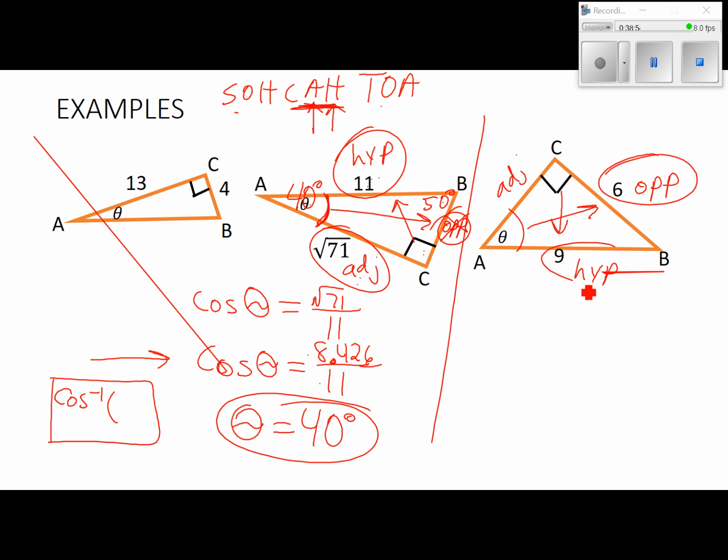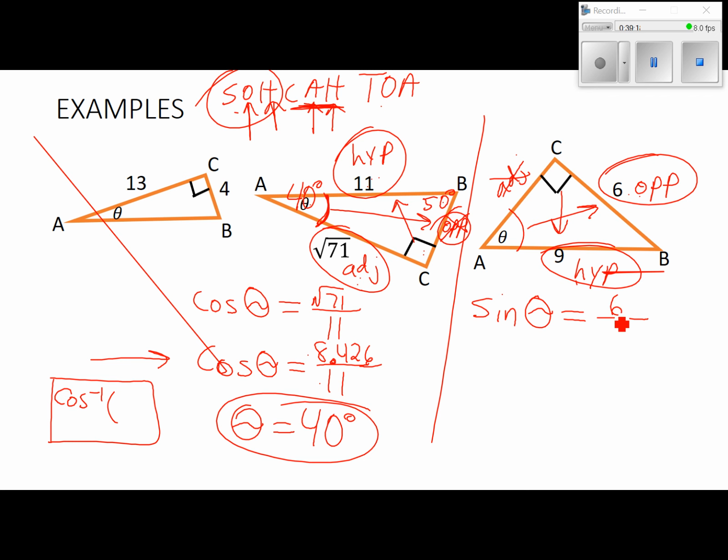The ones we care about this time, opposite and hypotenuse. We really don't care about the adjacent. We look at which trig ratio deals with opposite and hypotenuse. Well, that's the SO part right here, the sine. So we do sine of theta, sine of our angle, equals, this one's opposite over hypotenuse.